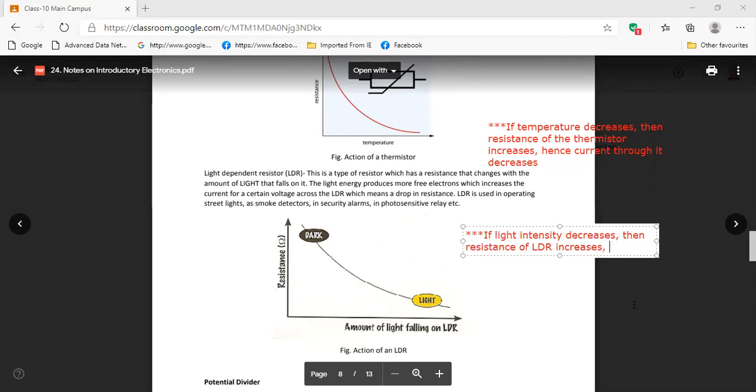Do you agree? No, sir. Why? Because if light intensity decreases, then the resistance will increase. It is correct. Do you agree? Yes, sir. Hence, the current through it decreases, right?